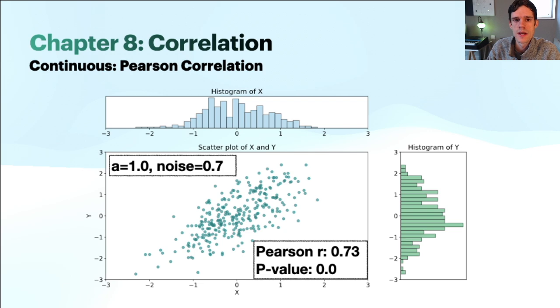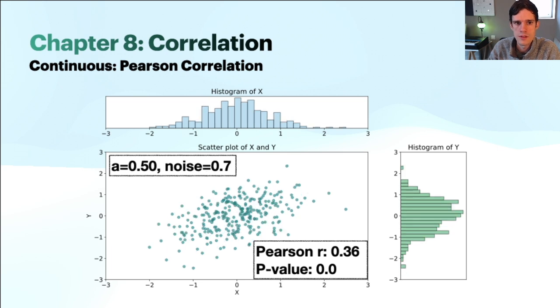Now we can decrease the correlation even further if we change this a parameter. Remember, this a parameter is this number that we multiply with to get a y value for each x value. So if this a parameter goes closer and closer to 0, then we in effect diminish this connection between x and y. So let's take a look and see how it also influences our Pearson R coefficient and the p-value. So in this case, if a is 0.2, we see that our points are more and more looking like a random blob.